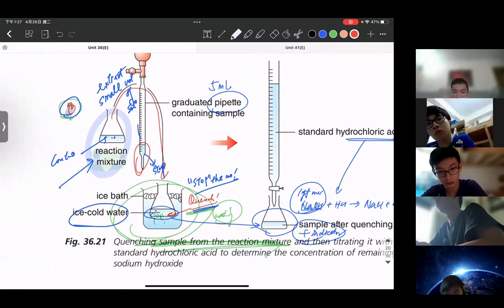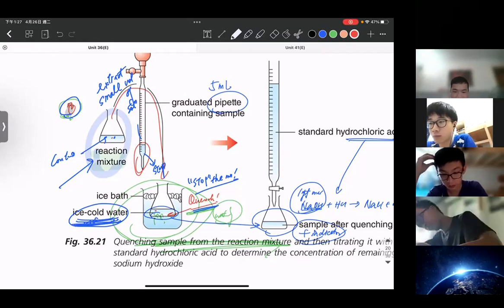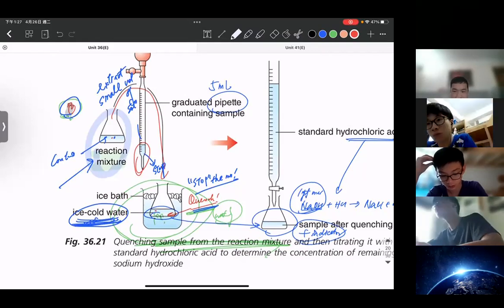Now, you know that doing titration will take you so many minutes, right? You better stop it. How? First of all, why? Do you understand why we use ice cold water? You can stop the reaction. How? What is the principle behind? Do you understand how come I pour the solution mixture into the ice water and we stop the reaction? How?